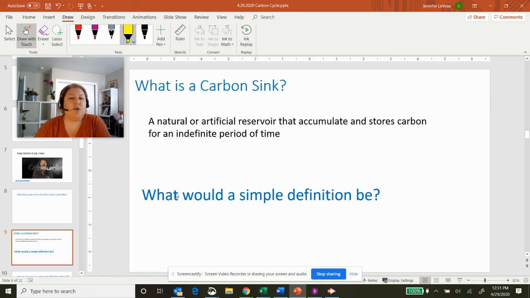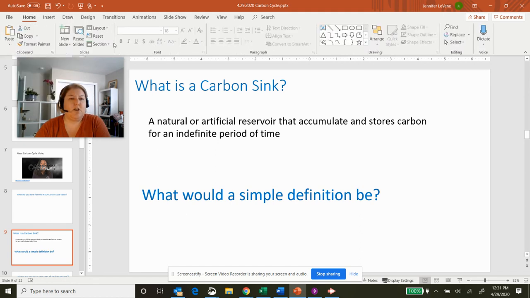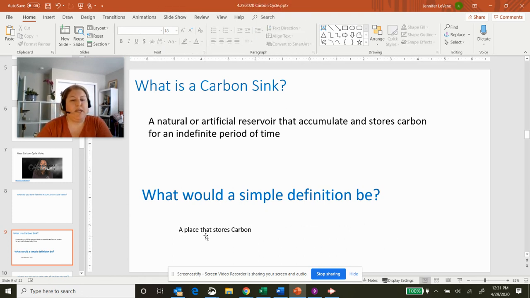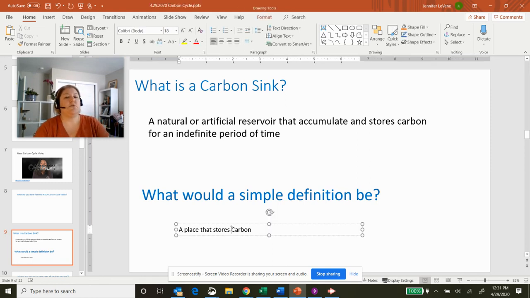Okay, so a simple definition of this would be a place that stores carbon, lots of carbon. So a place that stores lots and lots of carbon. Okay, so that would be a good simple definition, a place that stores lots of carbon.